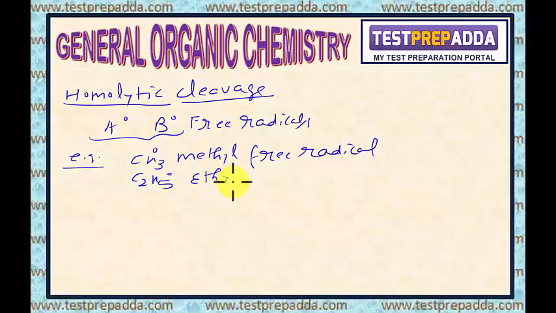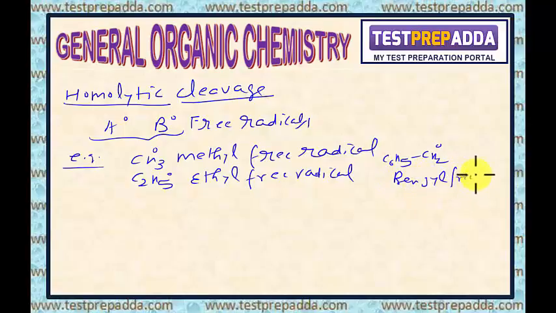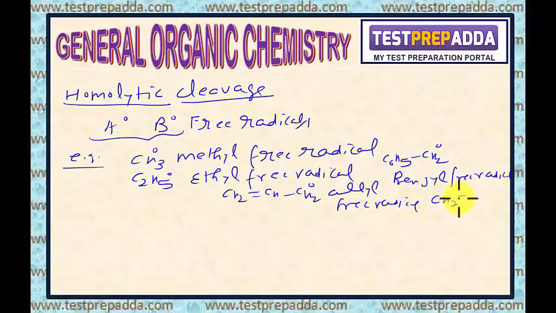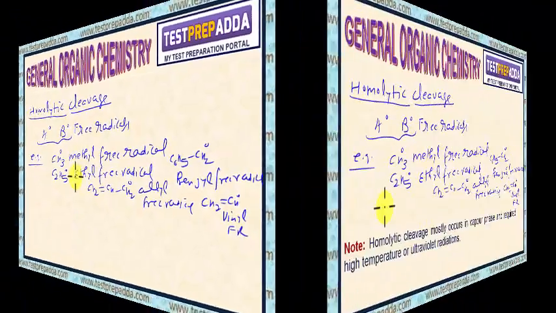This is ethyl free radical. Then C6H5 CH2 with odd electron. This is benzyl free radical. I can write CH2 double bond CH, CH2 odd electron. This is allyl free radical. And CH2 double bond CH odd electron. This is vinyl free radical. So these are different examples here.